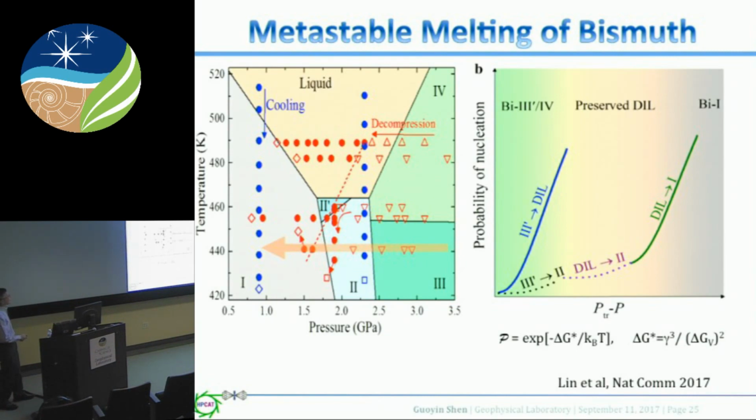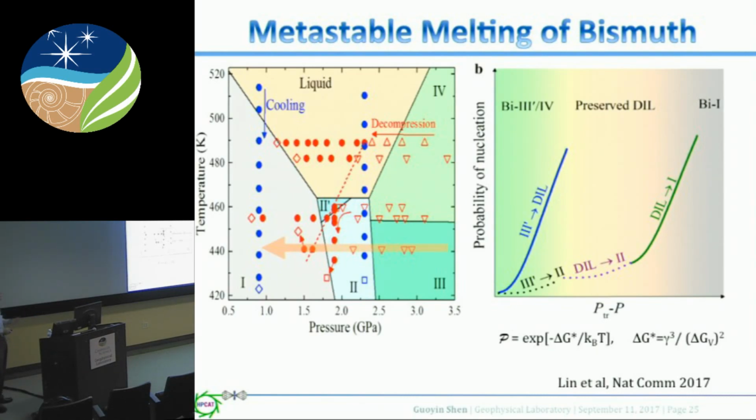So this is our schematic understanding that for bismuth, for this decompression-induced liquid, DIL, to occur, this delta G has to be small, and this small delta G is mainly contributed by the very small interface energy.